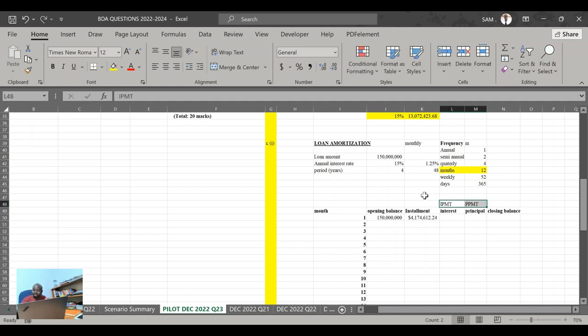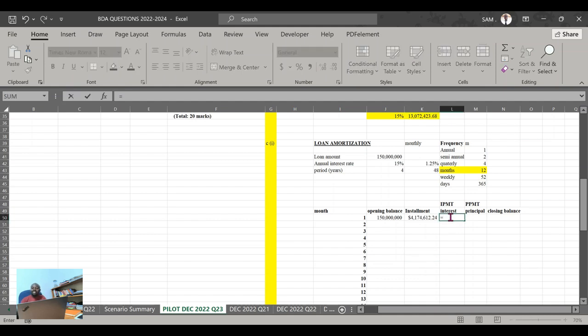Apart from using PPMT and IPMT, you can also just decide to go direct and use the simplest way. How do you do it? Interest, just put an equal sign, take the interest rate, which is going to remain constant also. The interest rate is going to remain constant, so I'm fully locking it. You multiply interest rate by the opening balance of the loan, and there you go.